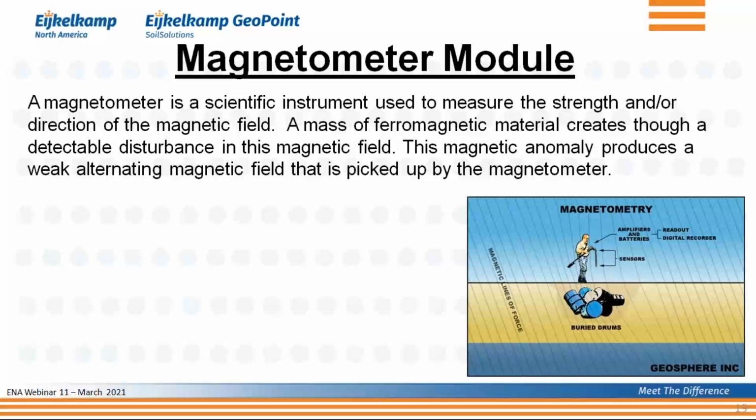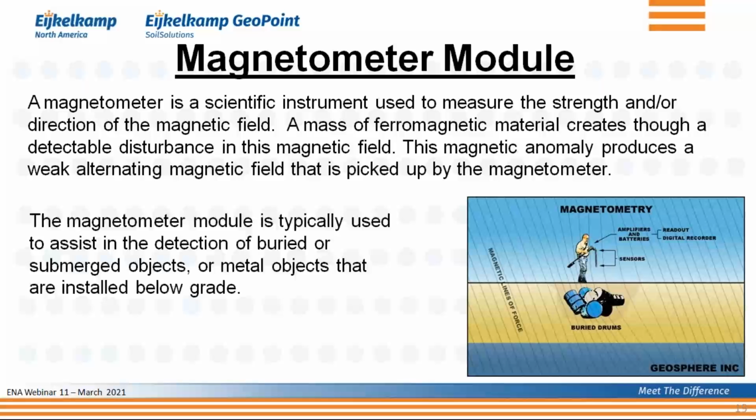And as I mentioned, if you have ferromagnetic material, that creates a disturbance of the magnetic field, and that disturbance is then picked up by the magnetometer. The magnetometer module is basically nothing more than part of a rod with this magnetometer inside.